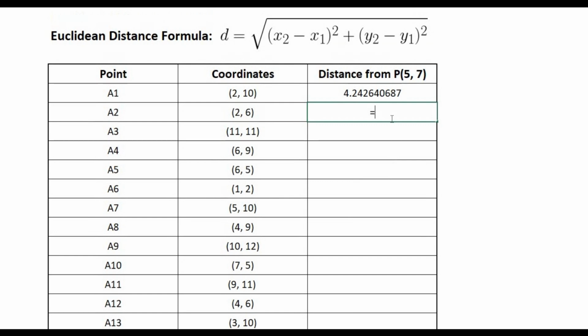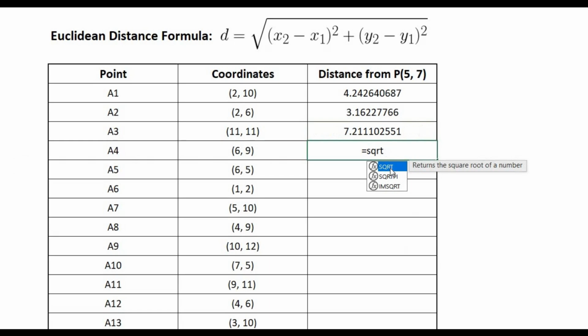So for data point 2, square root, x2 will be 5 minus 2 whole square plus 7 minus 6 whole square, bracket close, enter. So now it's 3.16. Same goes with the other one. Square root, x2 5 minus 11 whole square plus 7 minus 11 whole square, bracket close, 7.21.